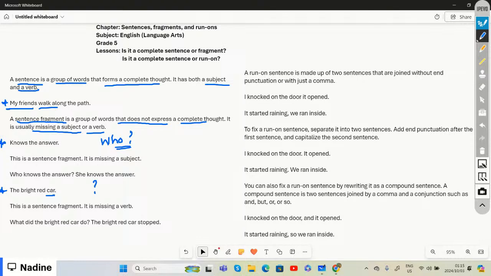All right. So now we have a run on sentence.